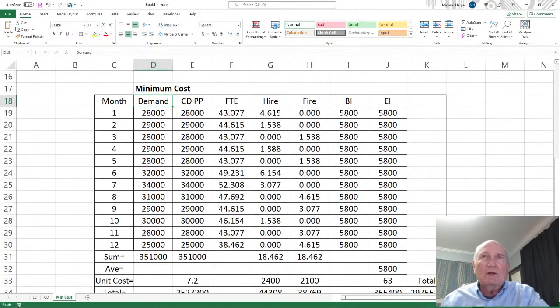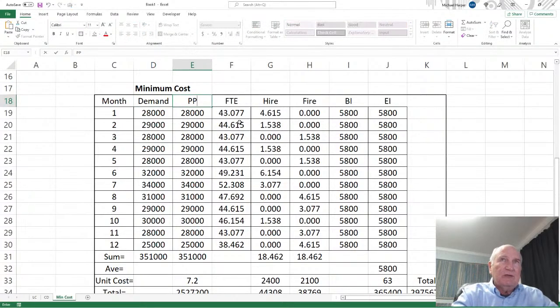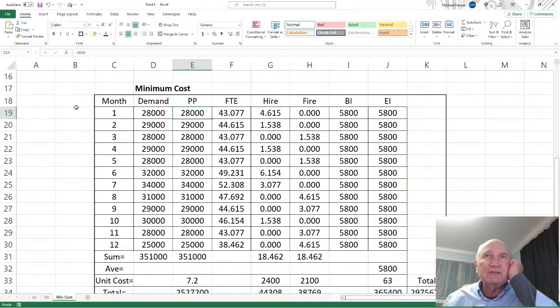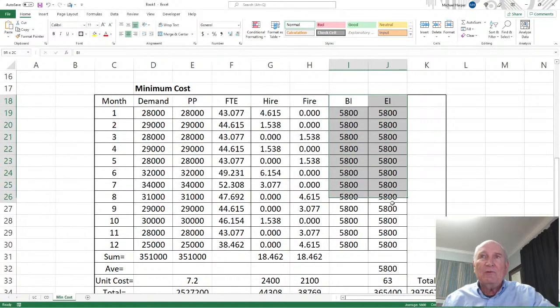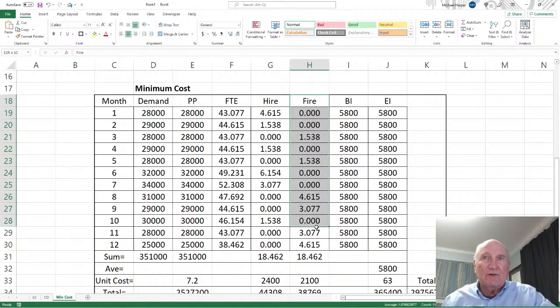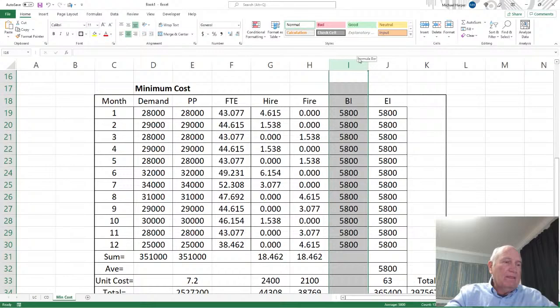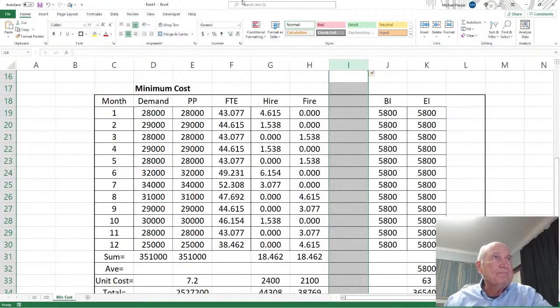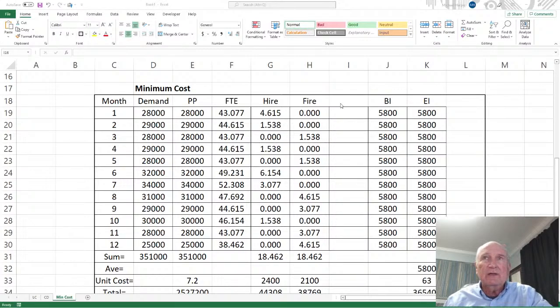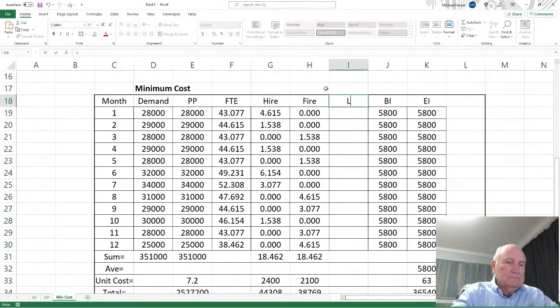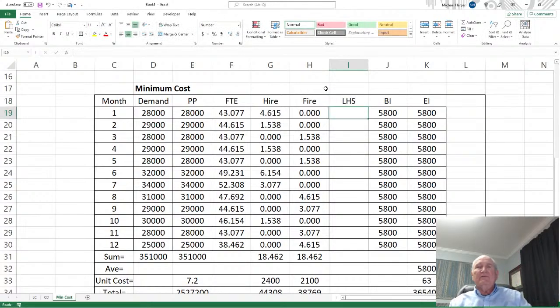Okay. Well, we have a production plan here. We have a production plan, FTEs, hire, fire. But now we have our equilibrium equations for our inventory, but we don't have equilibrium equations for our hire and fire. So we need to add a column here. In this column, we need the left-hand side for the hire and fire.